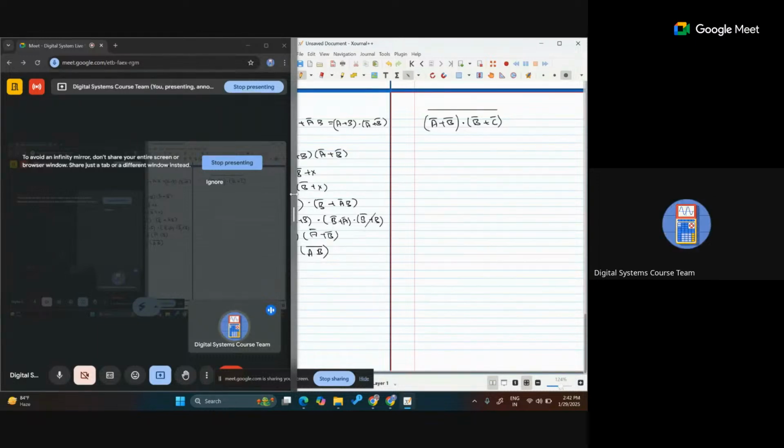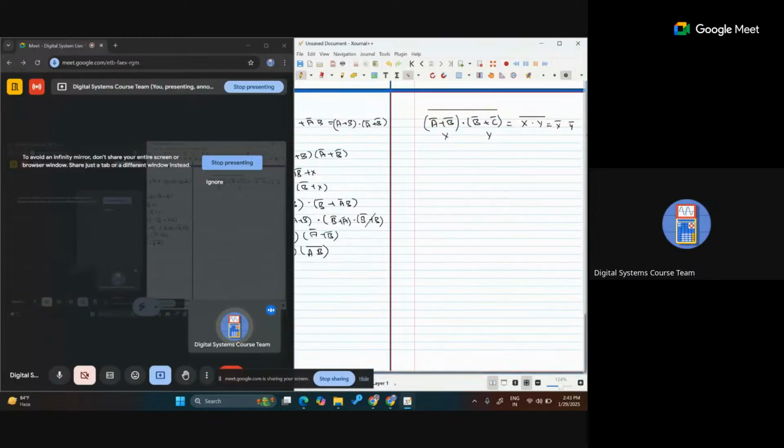For the beginning level, let's take the first term as X and the second term as Y. Like this, imagine this is equal to X bar dot Y bar. Am I right? No sir, it will be plus. X bar plus Y bar.